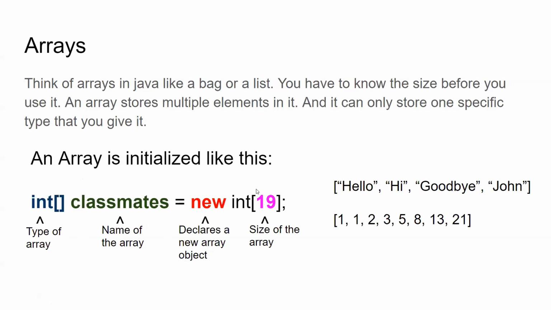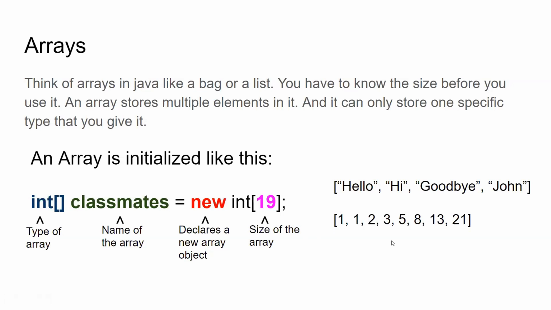Here we're basically making an array of size 19, like a bag of size 19, and I'm going to fill it up with tomatoes. Tomato 1, tomato 2, tomato 3, tomato 4, tomato 5, and like that, we can fill up arrays with different types of things. For example, this is an integer array, which means it can only hold integers, and if it's size 19, we can fill up everything right here.